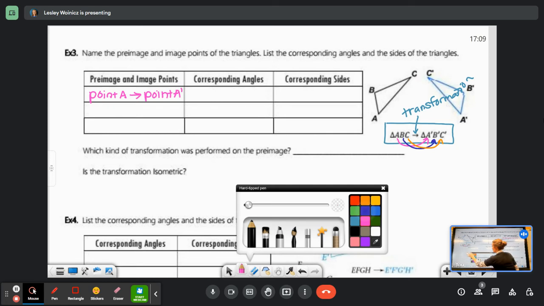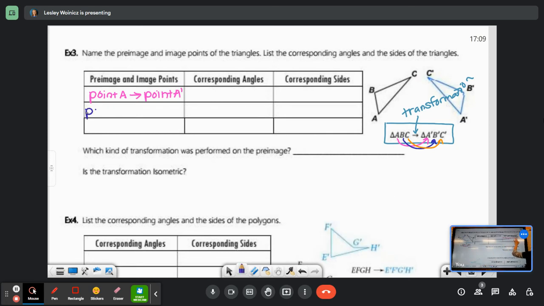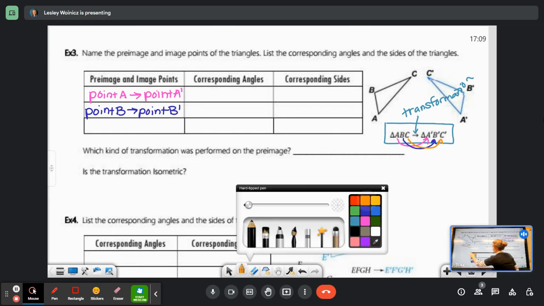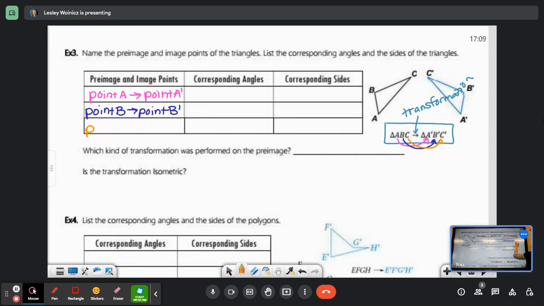Point B gets transformed into point B prime. And point C gets transformed into point C prime. We get all that from the order in the rule.